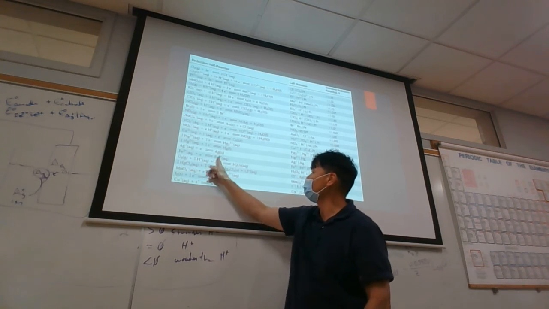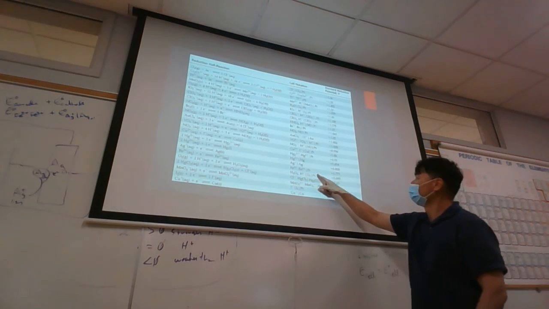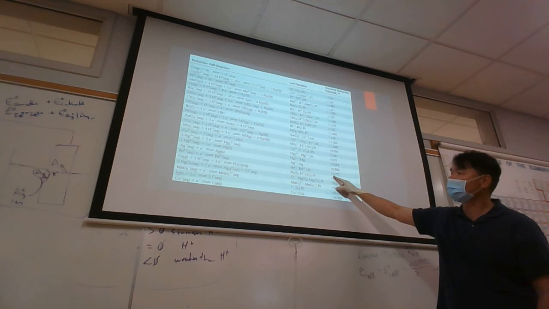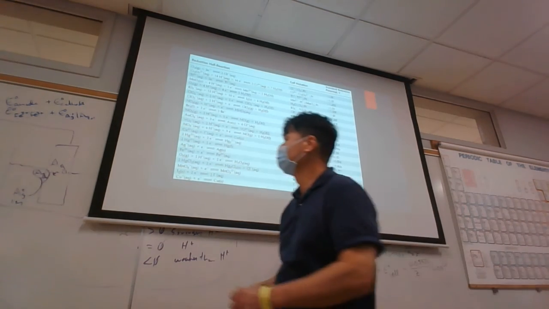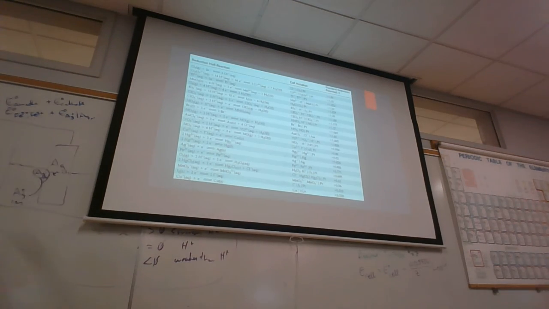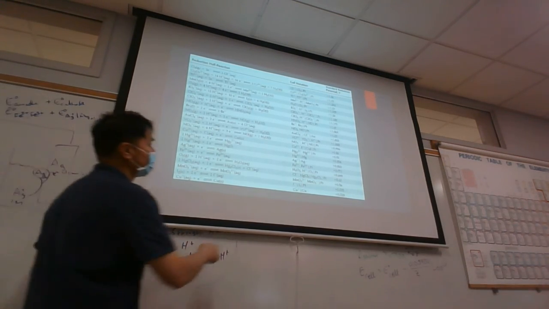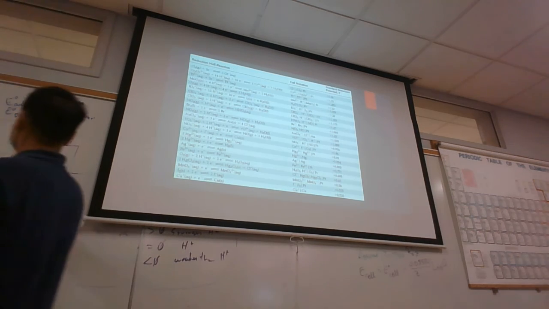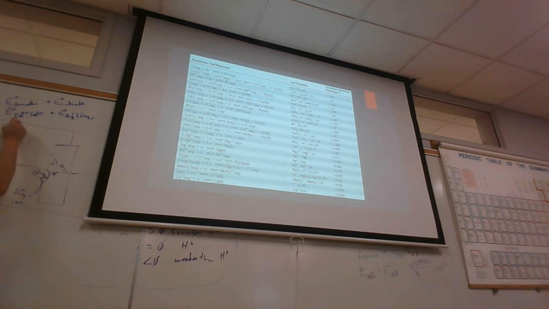Iron 2 goes to iron 3 means I have to reverse this one. If we reverse it, it's going to be plus 0.771 volts. Oh, sorry, minus 0.771 volts, because I had to reverse it.